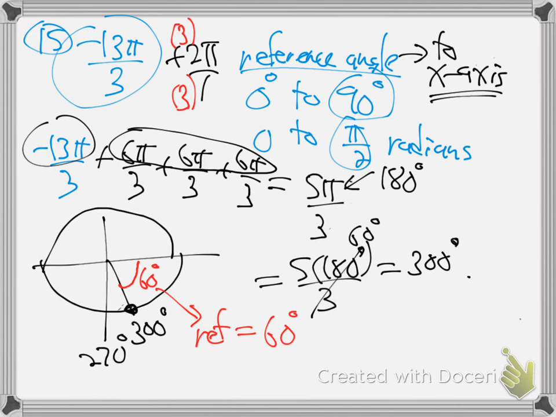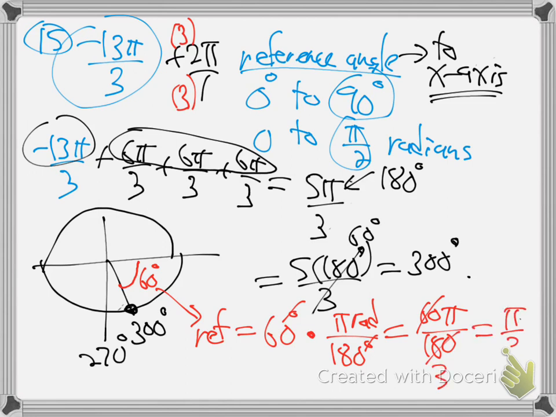But I've got to convert that back into radians. Remember how to convert it? You put the 180 degrees in the bottom, the pi radians in the top, degrees cancel. 60 pi over 180, reduce this, goes in there 3 times, pi over 3. That's answer B.